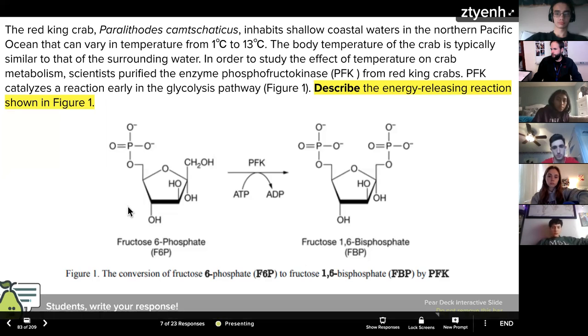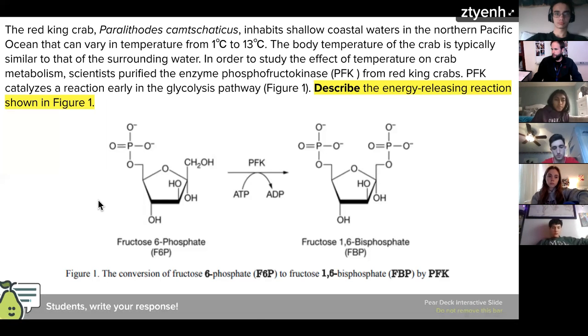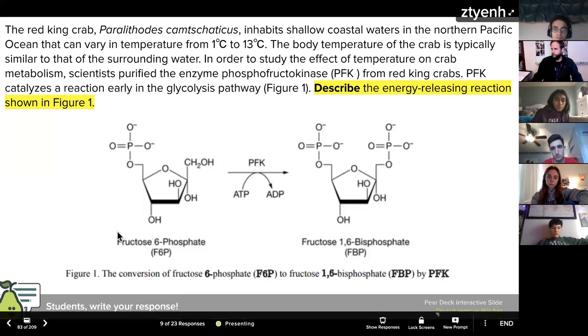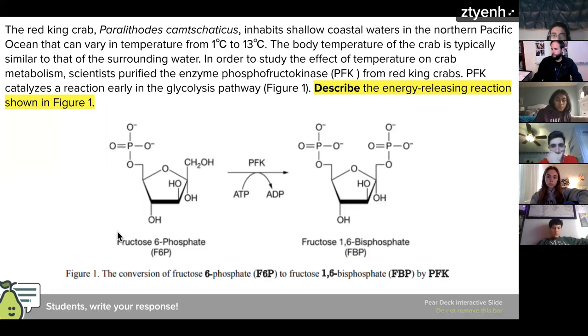Some people have started writing, that's great. If you feel like you're getting stuck, can you identify the catabolic reaction, the exergonic reaction, since we're focusing on the energy releasing reaction in this question?